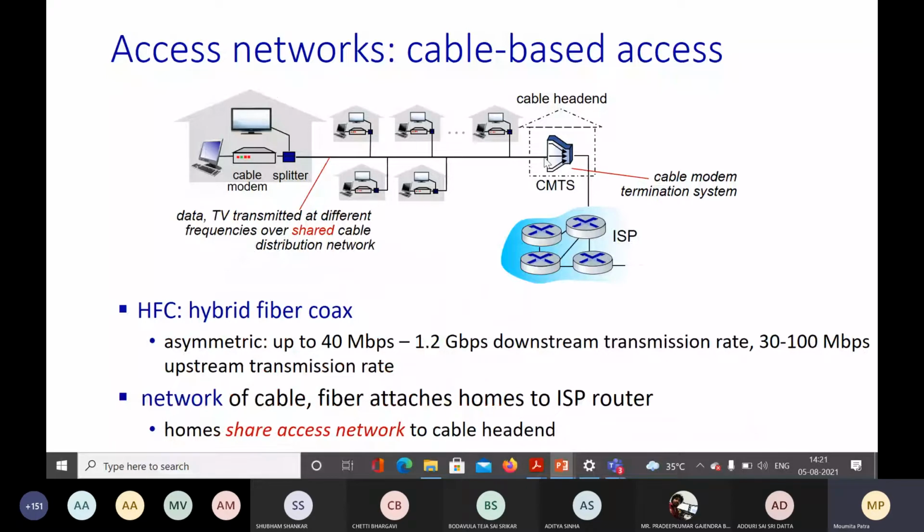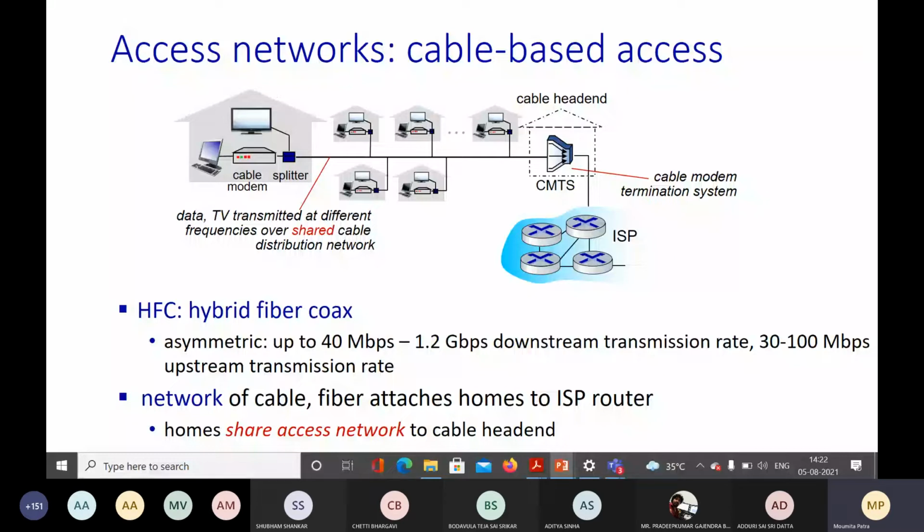Now, what is the issue? The issue is that here data is also getting transmitted, and the TV signals are also getting transmitted, but of course at different frequencies. So signals at different frequencies are sharing the same cable network. That is a challenge here.